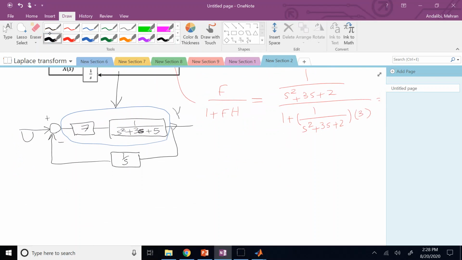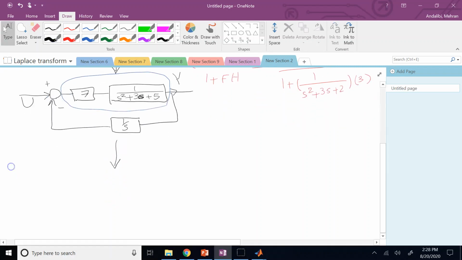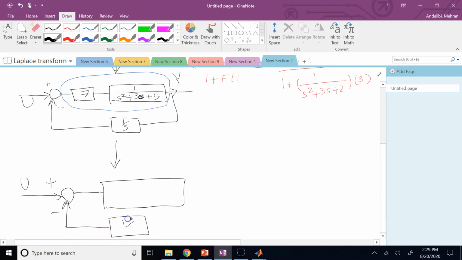So what I can do now is replace them with one single block, and here is another single block, and this is y, and this is 7 over s squared plus 3s plus 5.